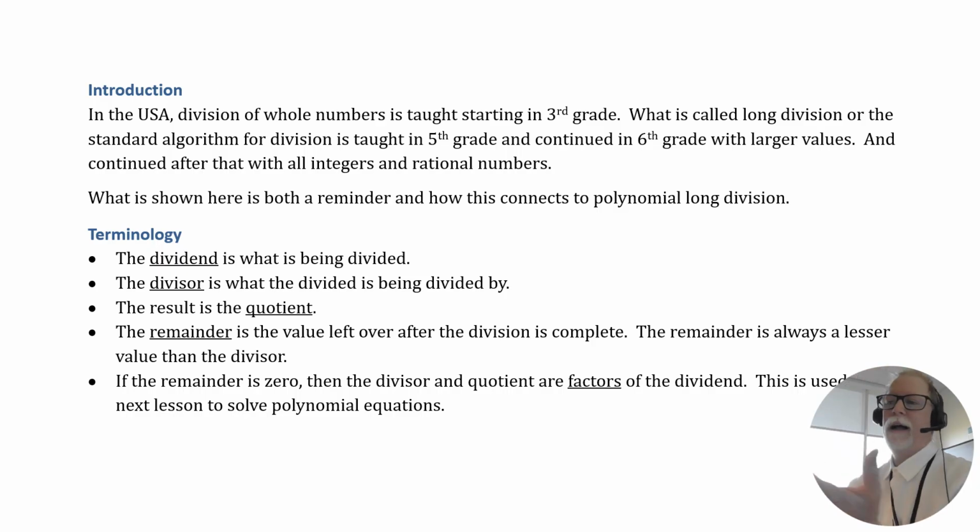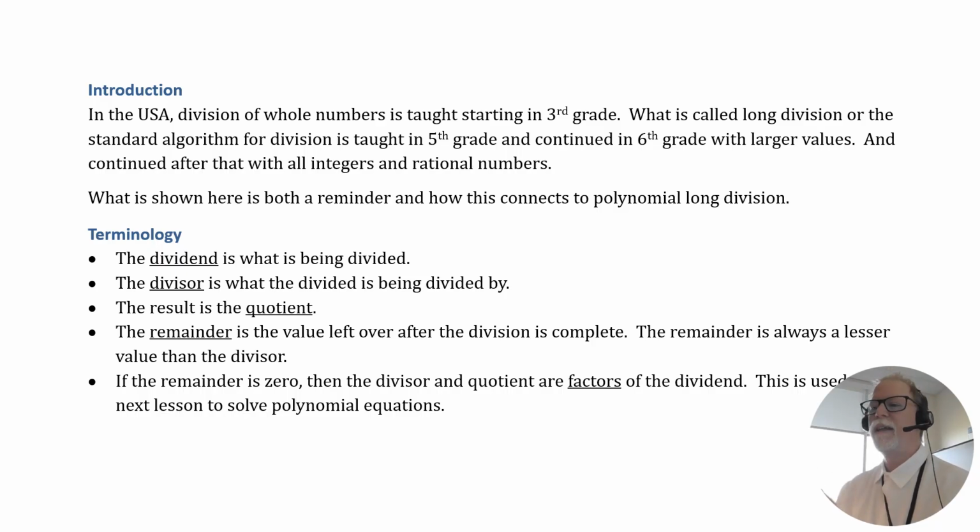I'm going to show you an example of that long division with whole numbers, and then we're going to connect it to the polynomial division that we're doing in college. So we got some terminology. You can see those words, and I'm going to use them throughout so I'm not going to remind you of these things.